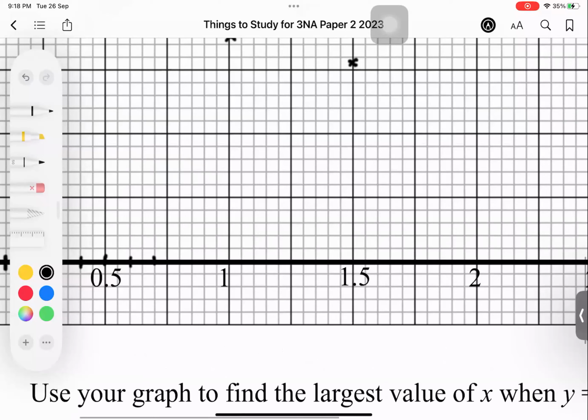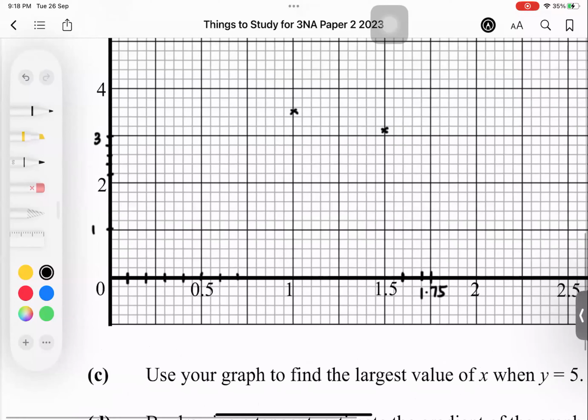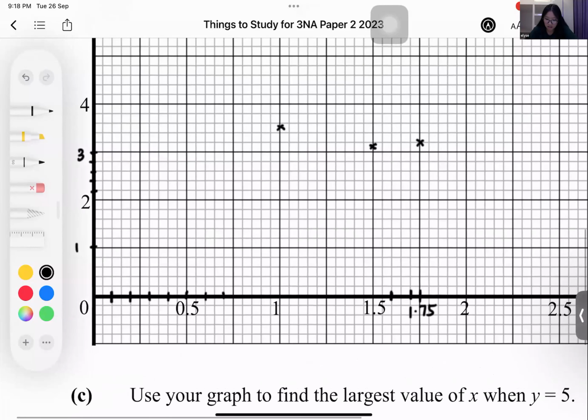1.75. Where to find 1.75? In the middle, is it? 1.5, 1.6, 1.7. Oh, 1.75. Then 1.75 is what? 3.2. 3.2 is here. 2 is 3.5. 3.5 here.